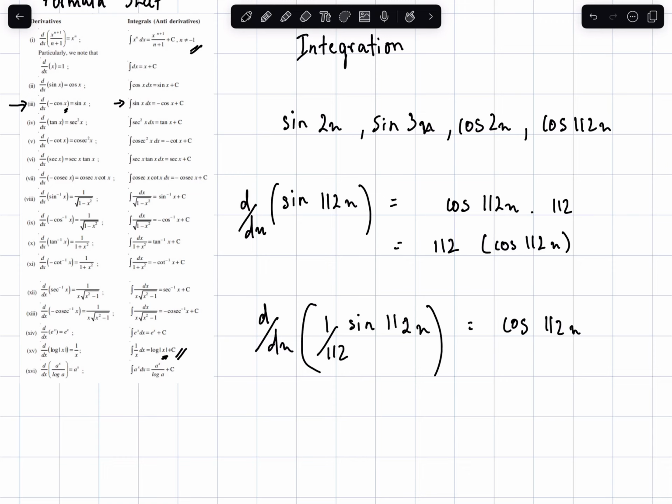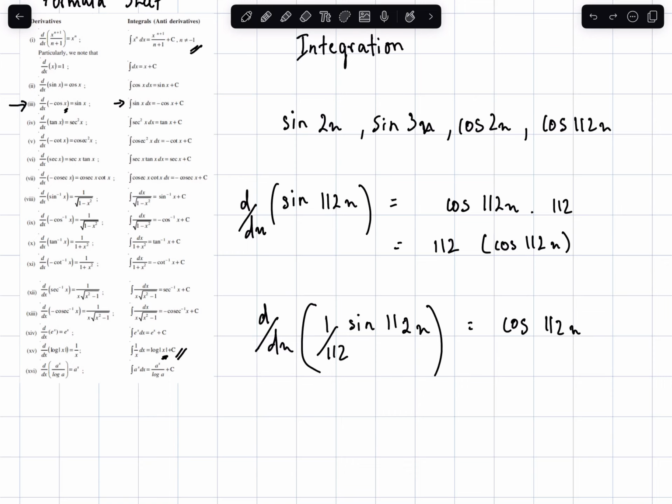So what is the integral? This becomes the integral, denoted by f of x. You can actually prove that the integral is this.